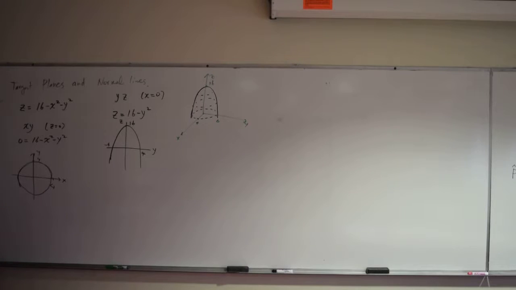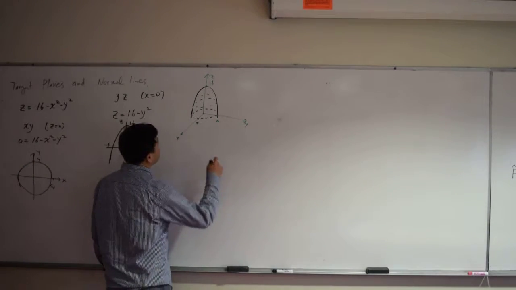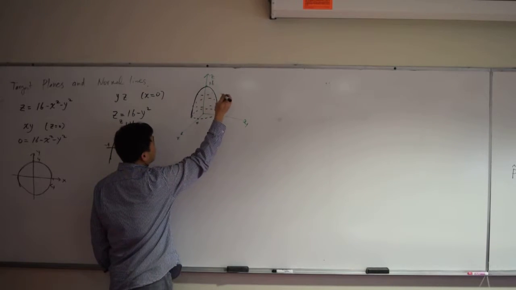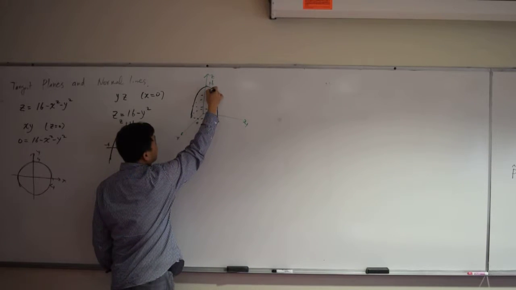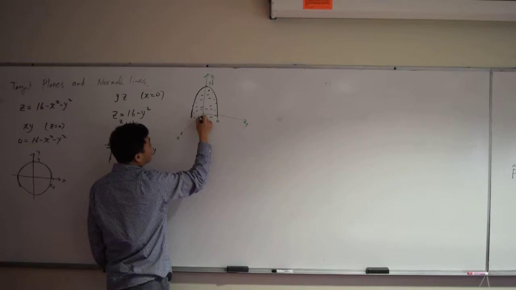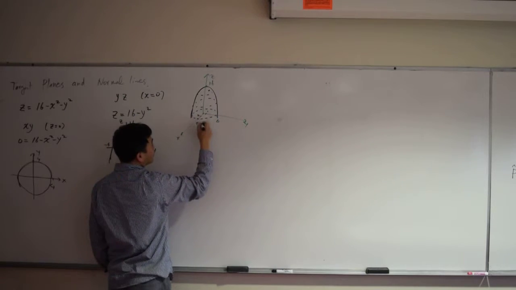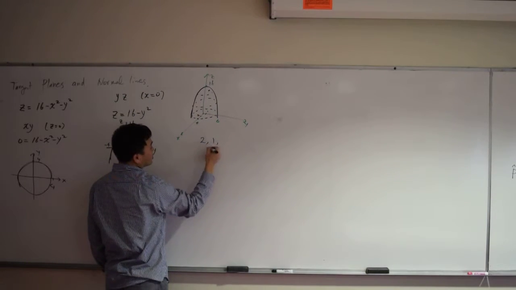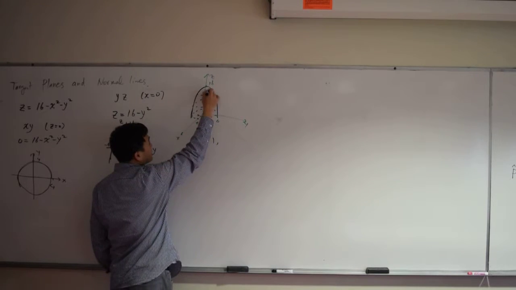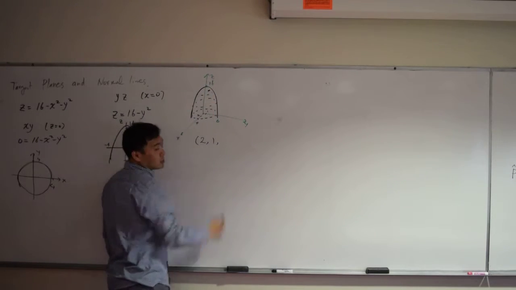Now, what we want to do today is to come up with the equation of a tangent plane at a certain point on the surface. So suppose your x-coordinate is 2 and y-coordinate is 1. So it's 2 comma 1 comma something. And then what's the z-coordinate of this point?